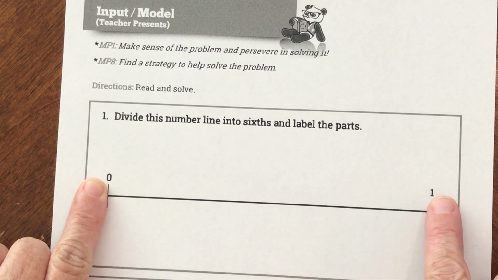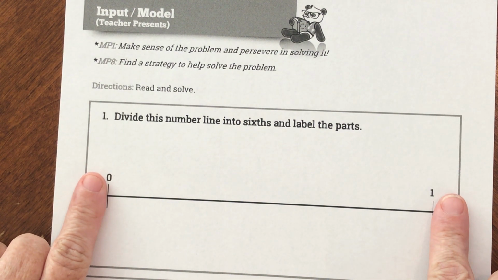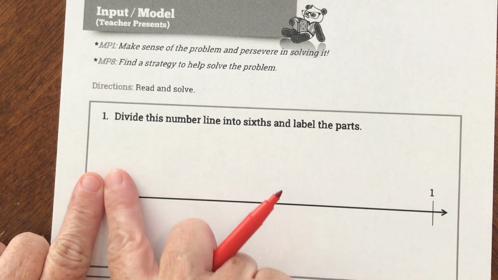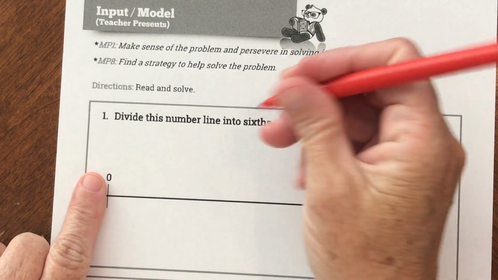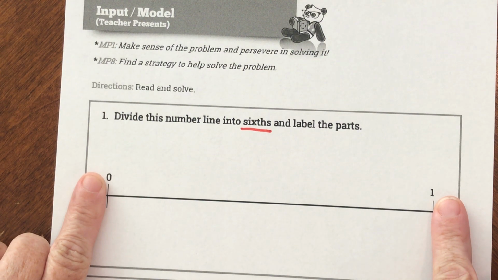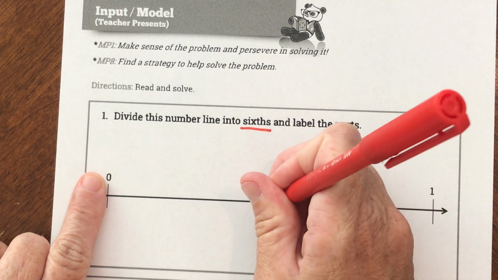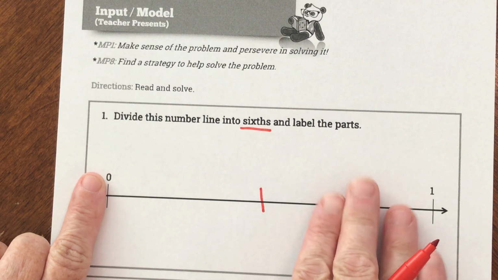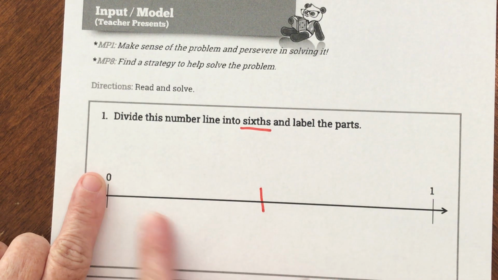So 0 to 1 means one whole. So I need to cut this one whole into sixths. Okay. So I think the easiest way to do it is to first cut it in half. So then I have 1 and 1. So if I need 6 pieces, I need to put 3 pieces here and 3 pieces here.